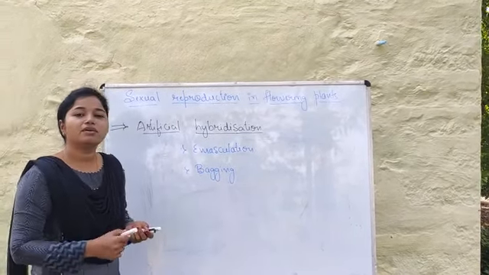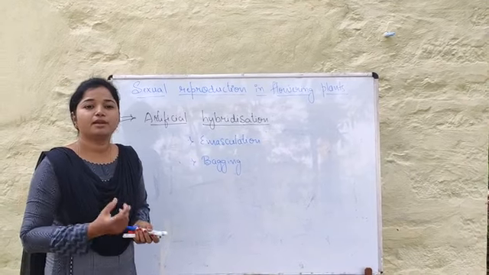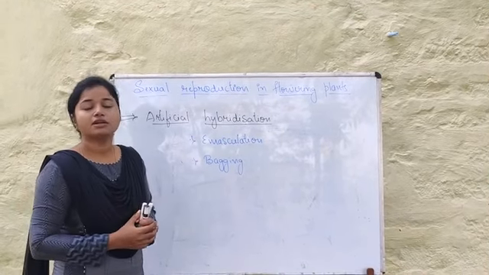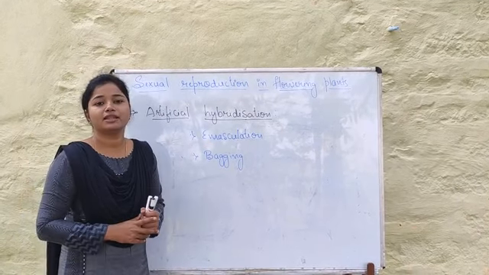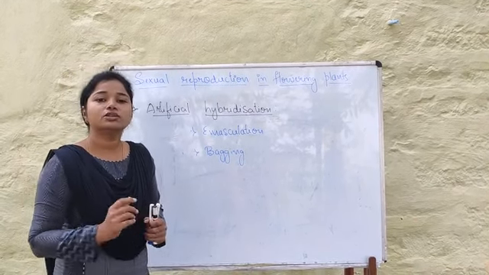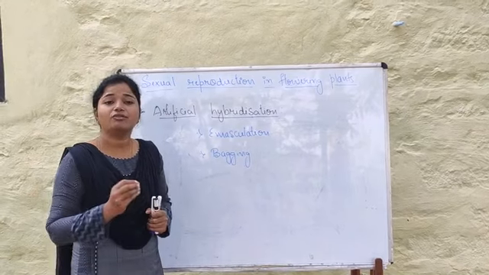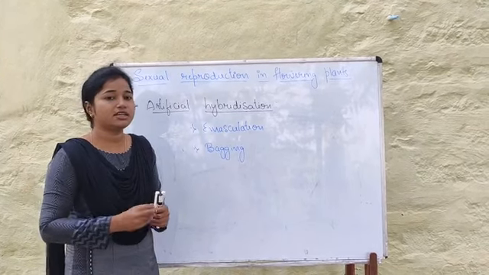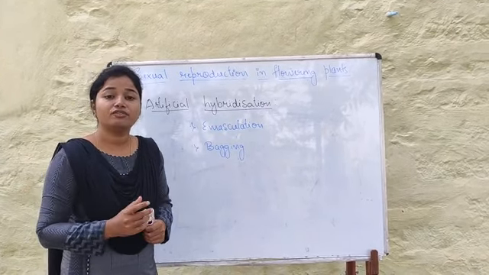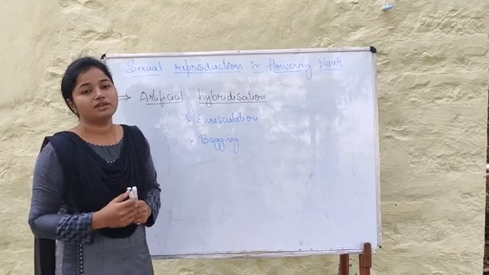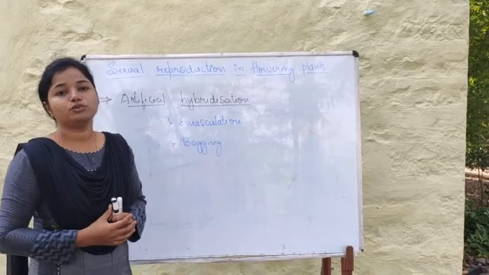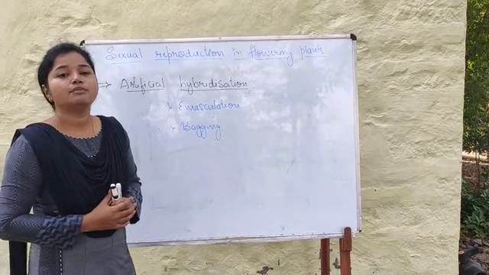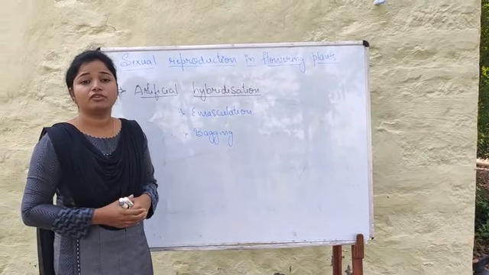Whenever the female parent is a bisexual flower, it will have both the male and the female reproductive parts. In that case, we have to remove the anthers. It is necessary to remove the anthers from the flower bud, while it is still in the bud form, before the anther dehisces, with the help of forceps.